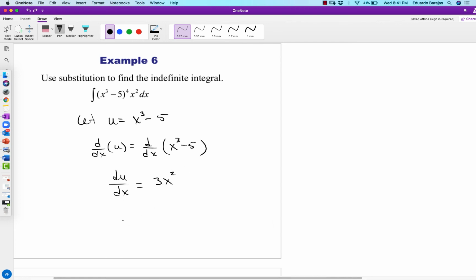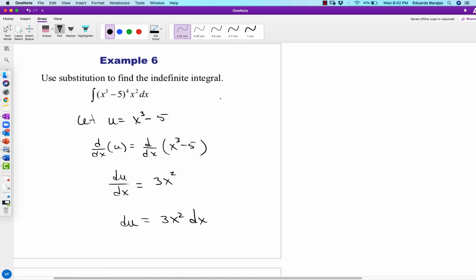And so now if we solve for du, we get that du equals 3x squared dx. Okay, so almost there, except it's missing the 3. So we have to be careful. It has to be exactly the same for us to do a substitution.